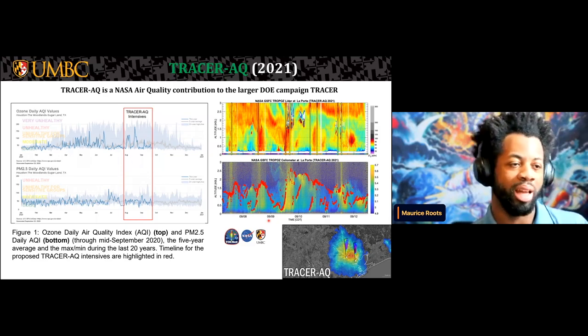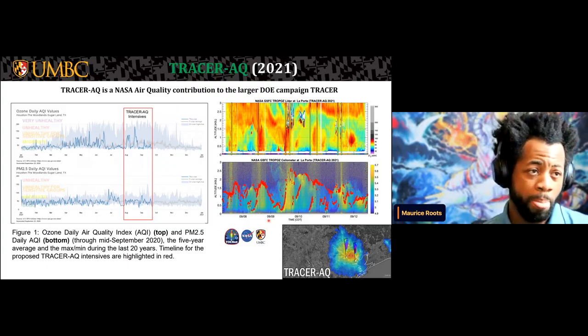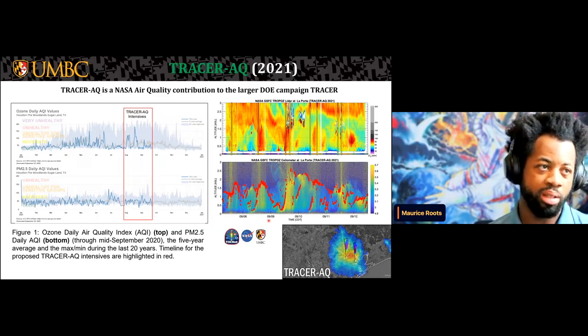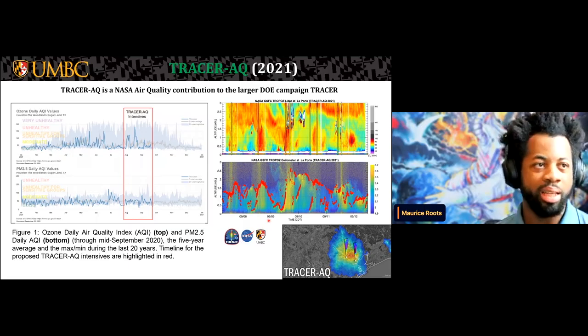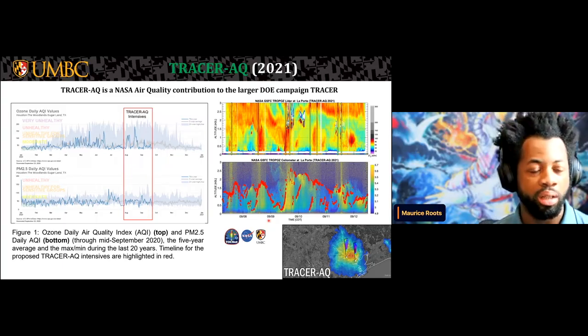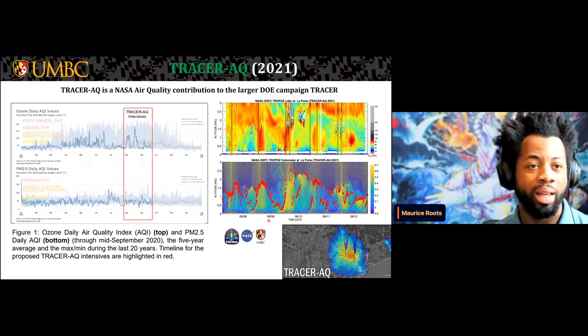On the left is where the campaign idea starts: we look at the trends and say, okay, there's this thing that keeps happening year after year in this specific time domain or region, and we're going to try and figure out why that's happening.